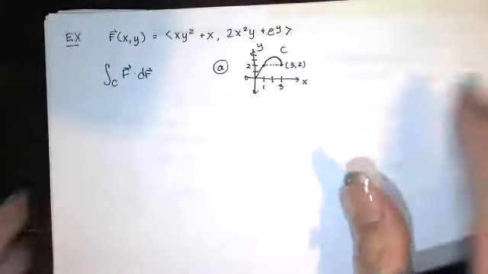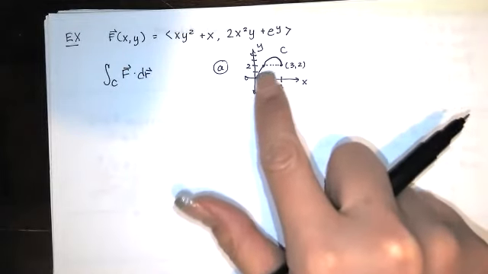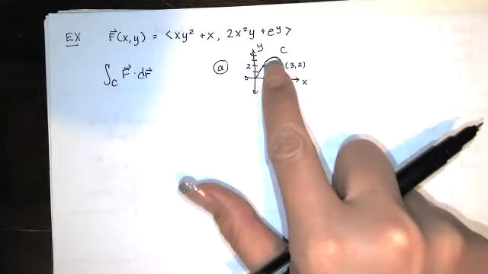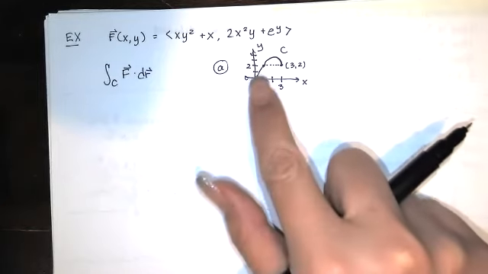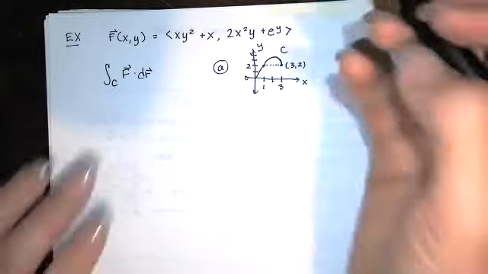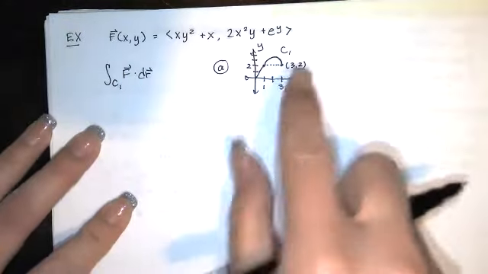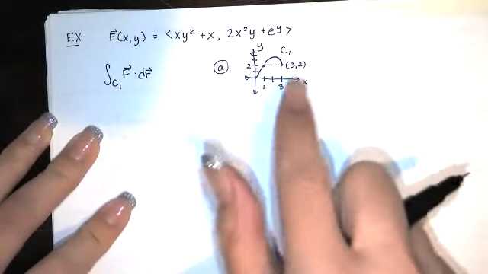Now, if we want to, we could parameterize this curve in two pieces. I could find a parametric representation for this piece and this piece. And I could evaluate the line integral using the curve that was given to me. I call this the curve C1. And if the field's not conservative, that's what I have to do.